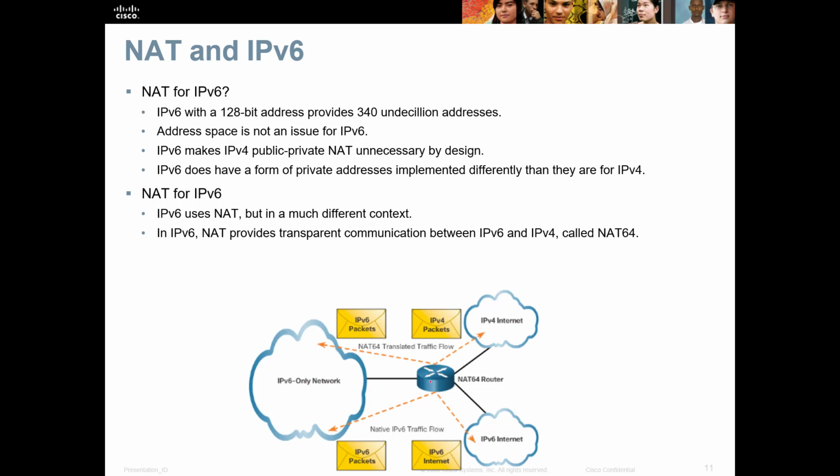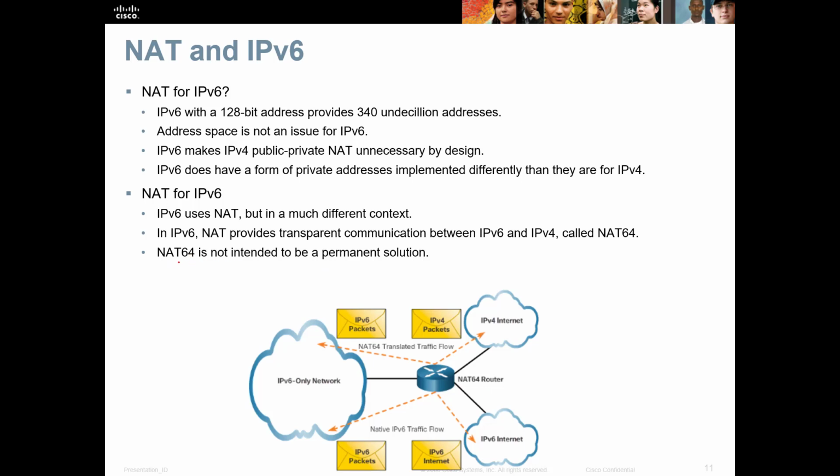So here you have a router standing in the middle of several types of networks: IPv6 only, IPv6 internet networks, IPv4 internet networks. How do they keep in touch? Well, there were several protocols developed, and the important one is shown here, NAT64.